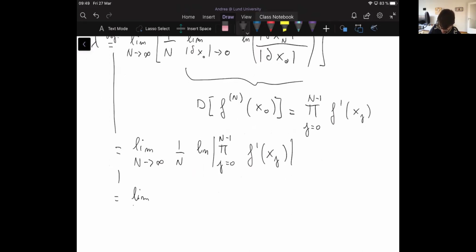Limit for n that goes to infinity of 1 over n of the sum, because I rewrite the logarithm of the product as the sum of the logarithms, of the logarithm of the absolute value of f prime xj.